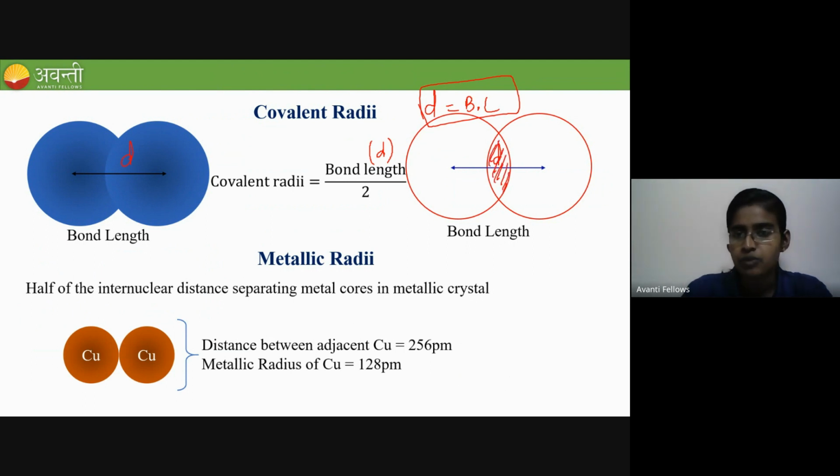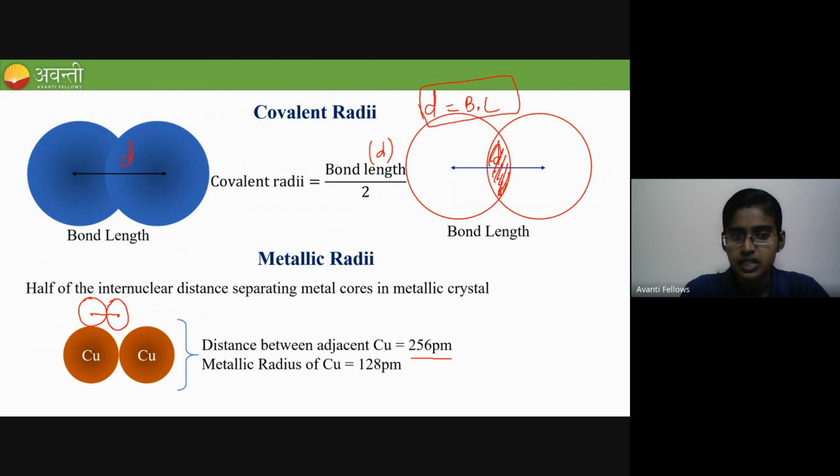This type of overlapping is not possible in the case of metal. The atoms will just touch each other, and there are nuclei for the two atoms. If we connect the two nuclei, we will get one distance value, that is 256 picometer for copper.